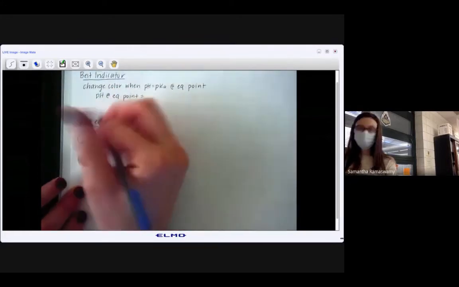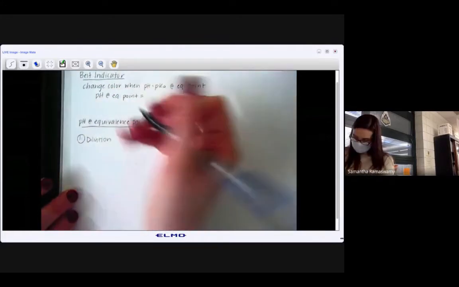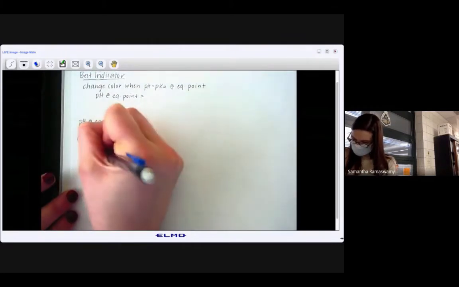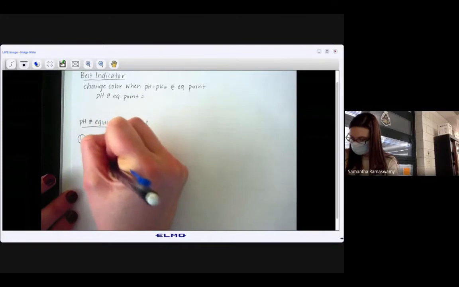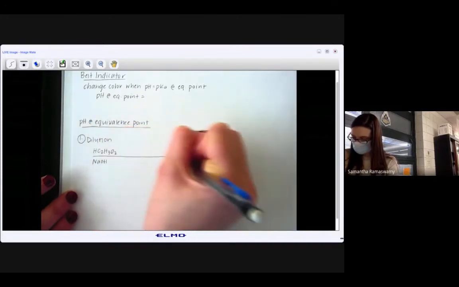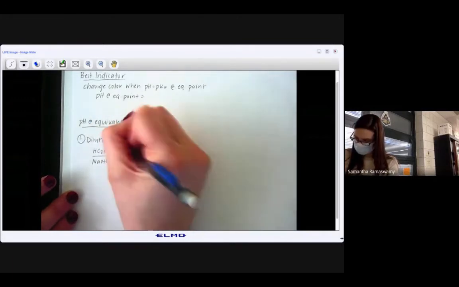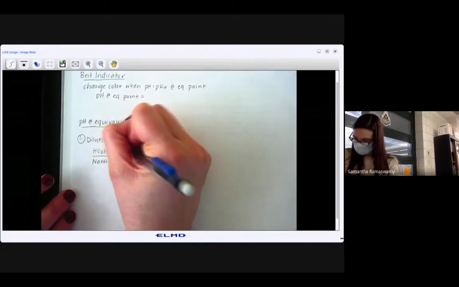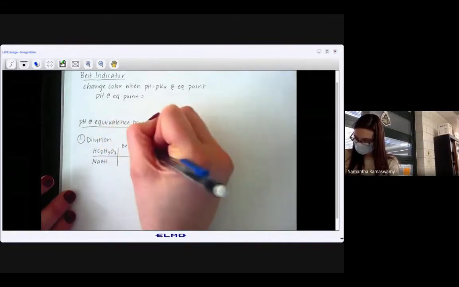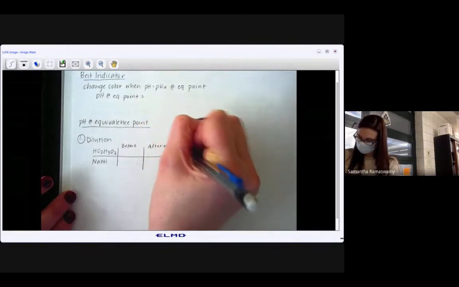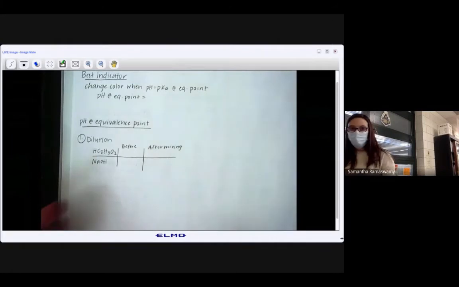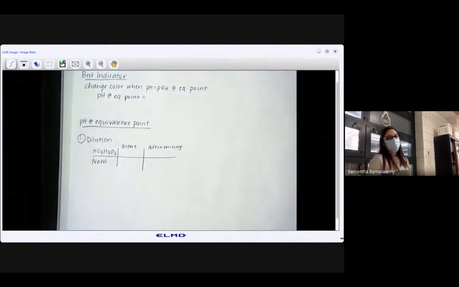So I had two solutions. I had acetic acid, I had NaOH. Now these dilutions are not the same as what we calculated before because now we're at the equivalence point. So here I'll put before and then after we mix. If we think about what we have, we might have to refer back.